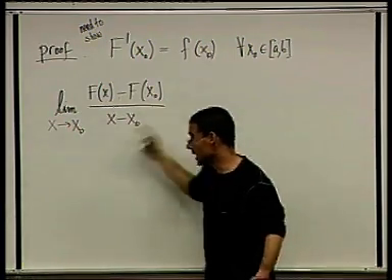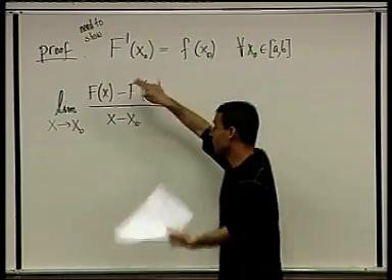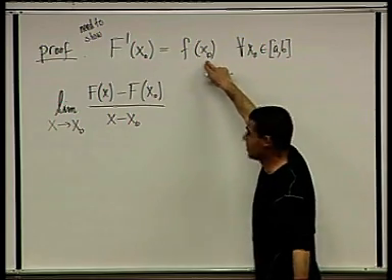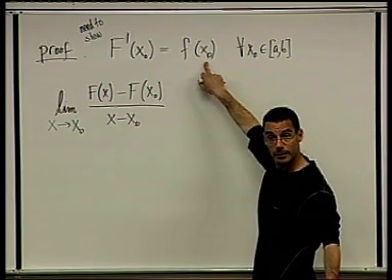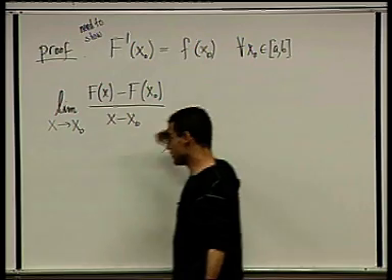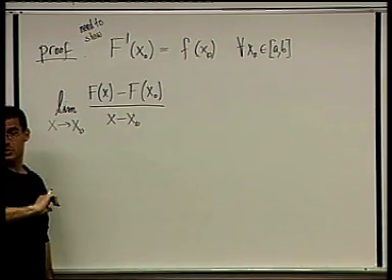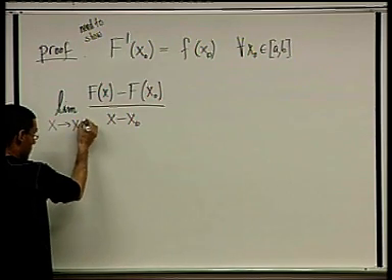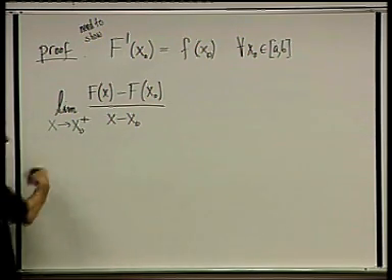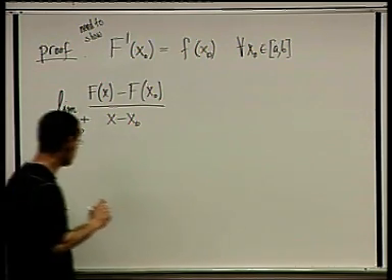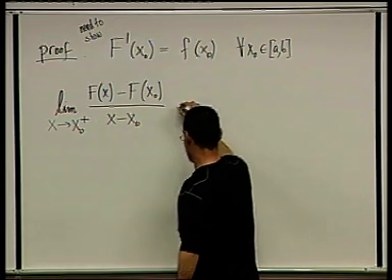If I calculate it and show that it exists, in particular, it would say that F is differentiable, and I want at the end to get this as the answer. It turns out that in order to calculate this, I have to calculate the two one-sided limits separately. So I'm going to first do this limit, and the other one I'm going to tell you to just do on your own. It's very similar. So what is this limit?